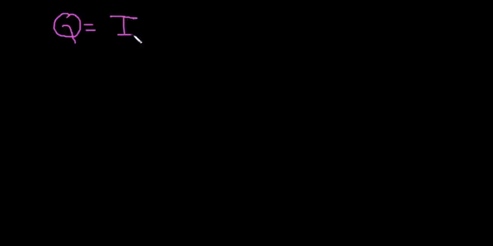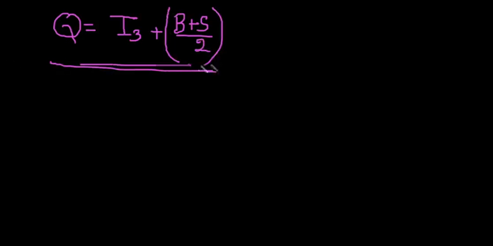So memorized. Now we will go further and see one more formula. There is one formula which states that the charge is equal to the third component of isospin, I3, plus baryon number plus strangeness upon 2. This formula is very necessary in NET, CSIR NET, as well as in SET.